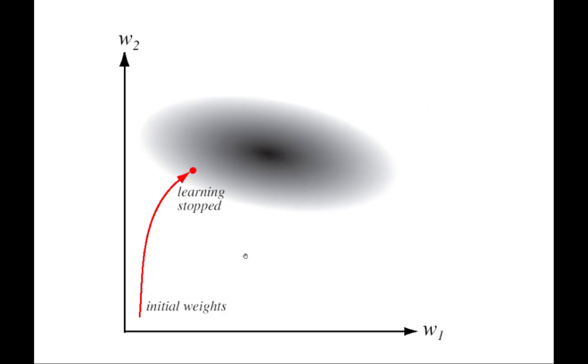So this is why you can also think of this as weight regularization. Here are two weights, W1, W2. Here's, let's say, the optimum. And then during learning, you're going in the direction of the optimum. And instead of going all the way down, you're stopping before you're reaching the optimum.